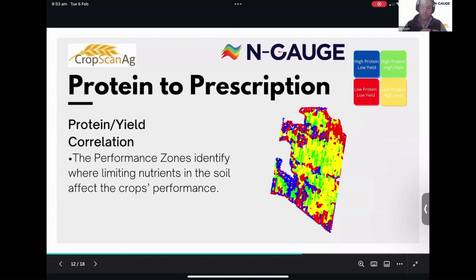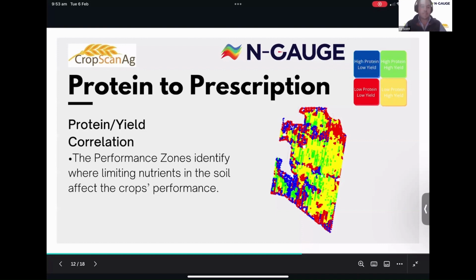These 4 zones tell us 4 different areas of performance and also future potential. Yes, it is a snapshot from that year, but year on year, you can interrogate these maps to say, whether it's a wet year or a dry year, some of these areas are still falling short and some of them are advancing.